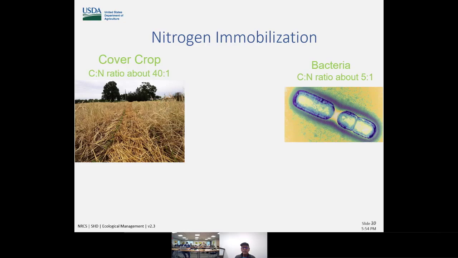You see the cover crop here on the left side has a carbon nitrogen ratio of 40 to 1, whereas the bacteria's carbon nitrogen ratio is 5 to 1. So it consumes enough carbon from the rye for respiration and body structure. But a lot of carbon actually remains here because it doesn't have enough nitrogen.